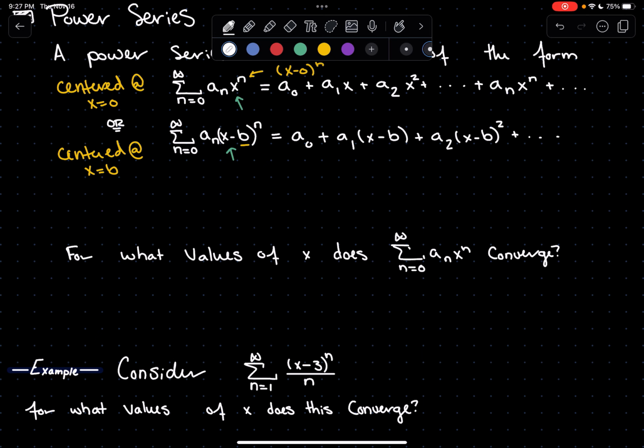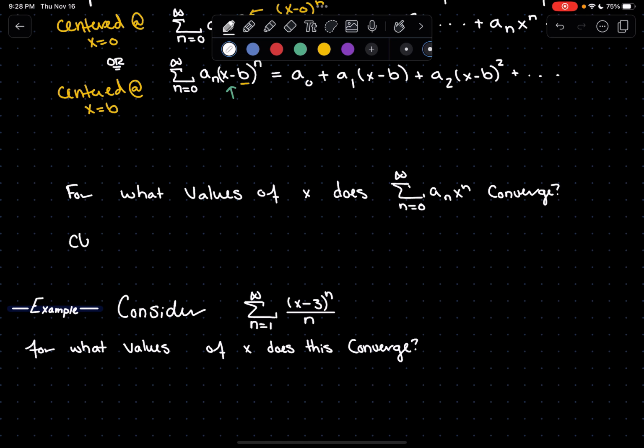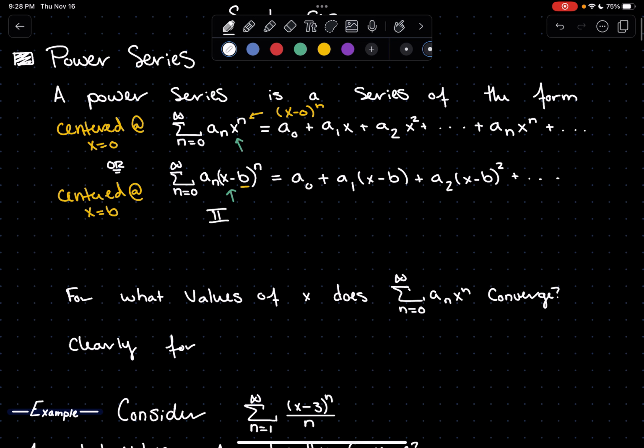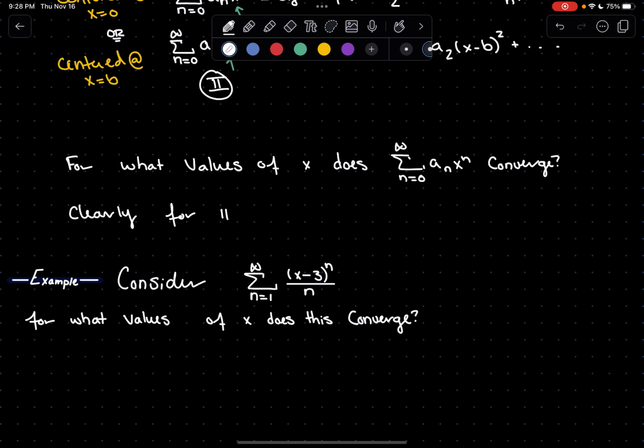So clearly, for this one, the series converges when x equals b, right?